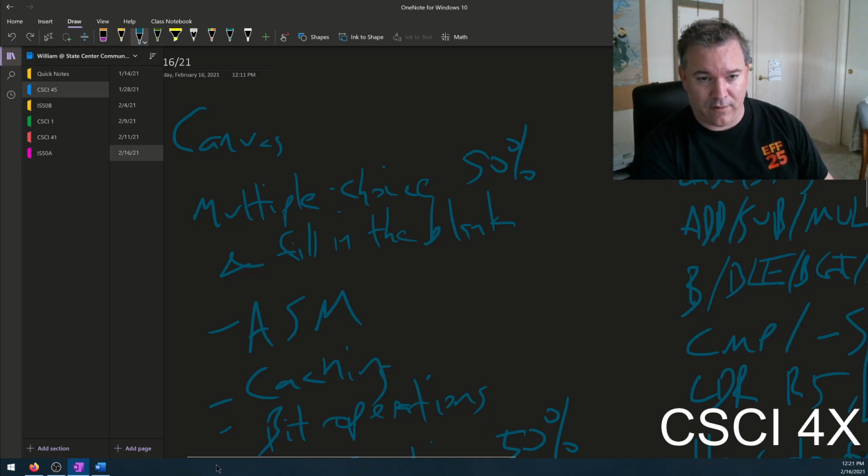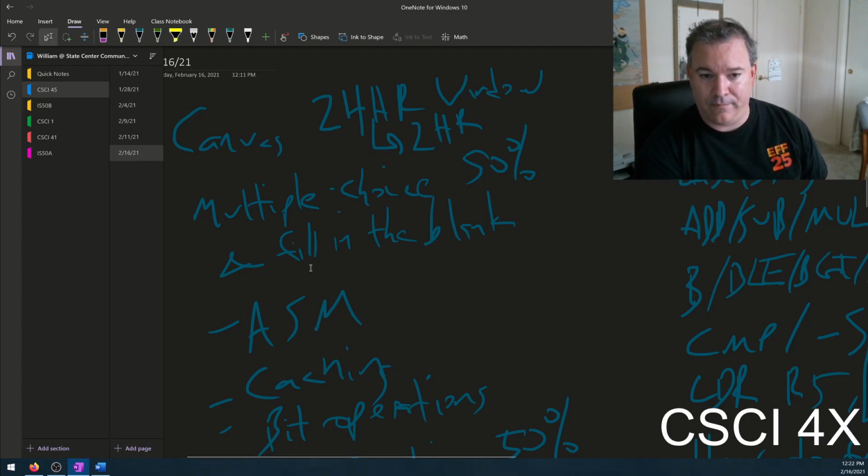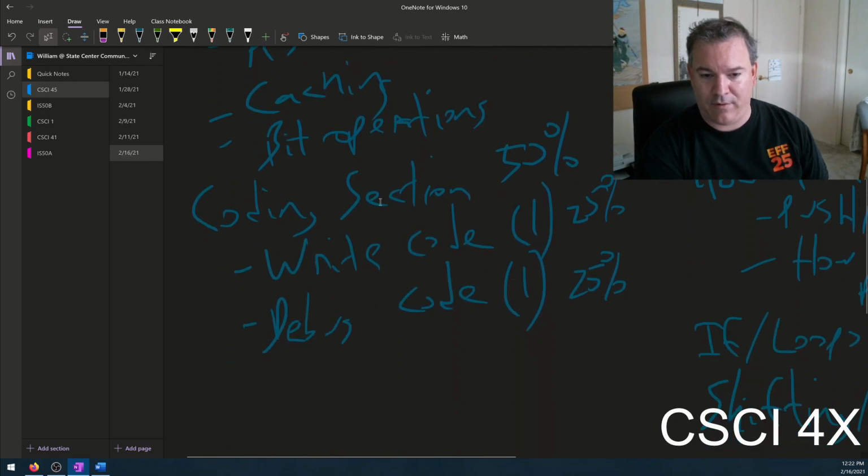The format is you have a 24-hour window, and once you start, you have 2 hours, and that includes the coding section. I'll be checking the timestamps on the server. Whenever you start, you should be able to blow through the multiple choice pretty quickly, and then you should have enough time to do this section.